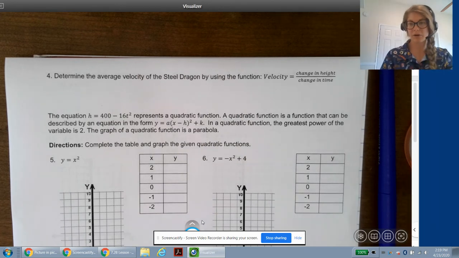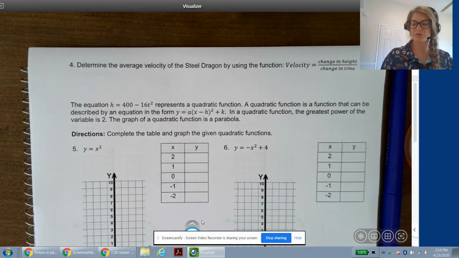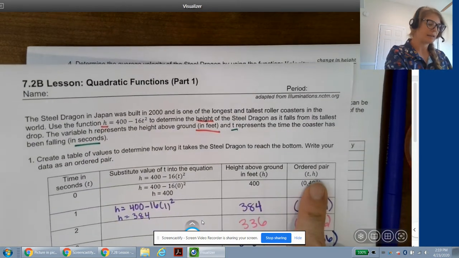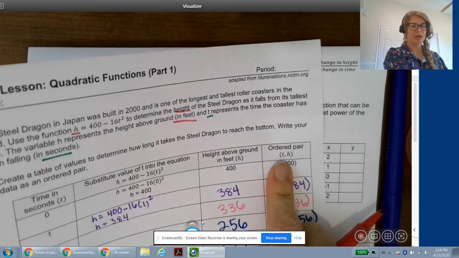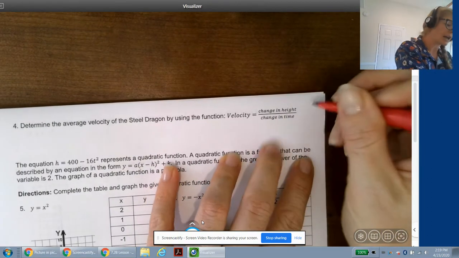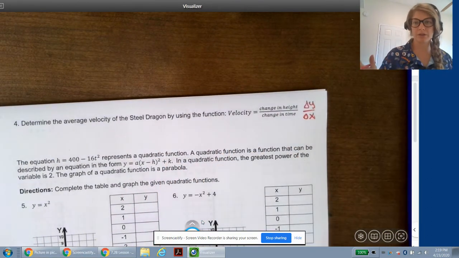If we wanted to find the velocity of this roller coaster to figure out an average of how fast we were traveling, what we're going to find is the change in height over change in time. So remember, the change in height, that's your change in y, and change in t, that's your change in x. There's another situation that has change in y over change in x, and that's when we calculate the slope.